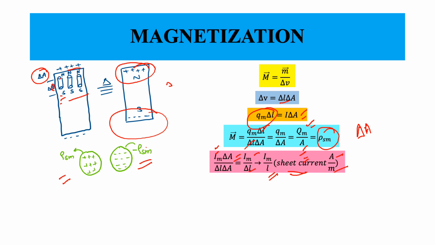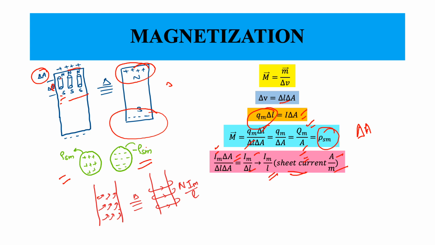This is another equivalent way of looking at a magnetic material. So where does this come from? This actually comes from imagining tiny loops, right? All these loops in the interior of the magnetic material cancel with each other, leaving you the dipole at the surface.